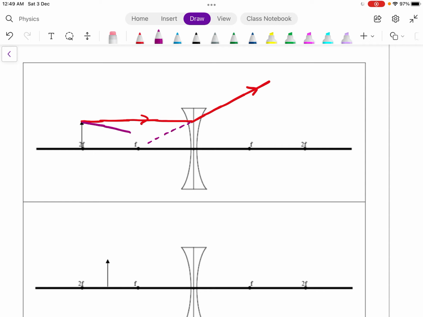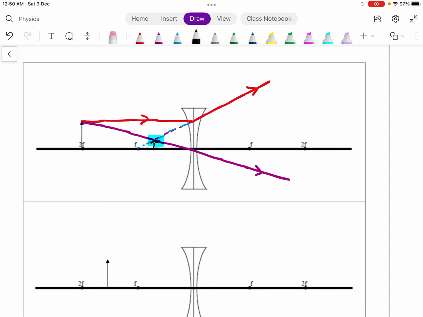Okay, I draw a light ray through the optical center. You can see that when I draw the light ray through the optical center, the light rays are not going to meet on the right hand side of the lens. The only thing you can see is the intersection between the dotted line and the purple line. So this is the intersection right here, which means the image formed will be here.